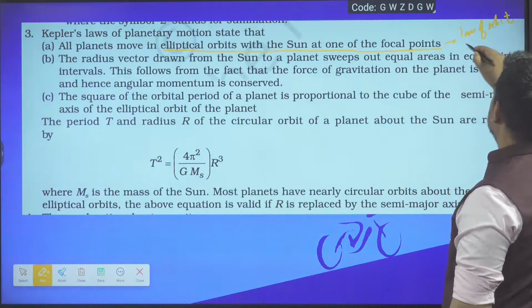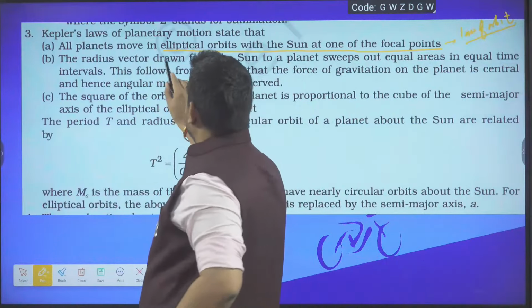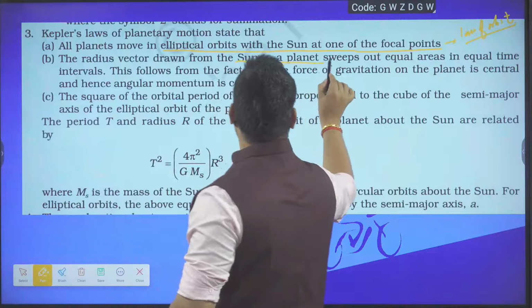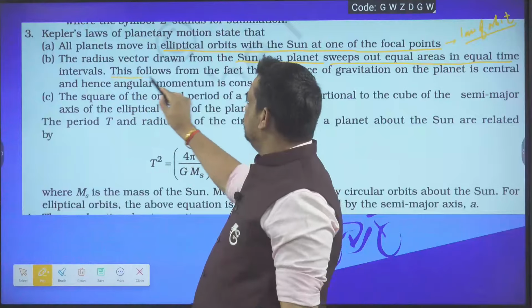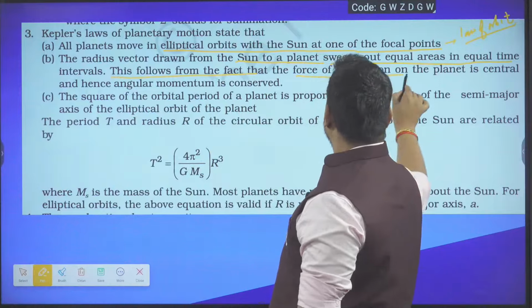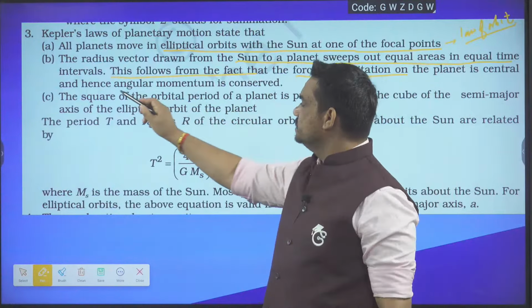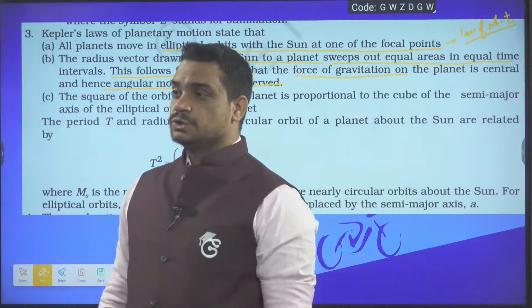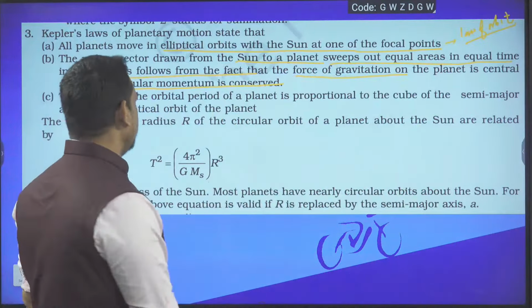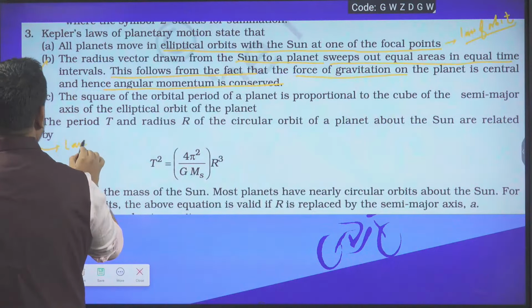Second, the radius vector drawn from the sun to a planet sweeps out equal area in equal time. This follows from the fact that the force of gravitation on the planet is central, and hence angular momentum is conserved. The second is known as the law of area.